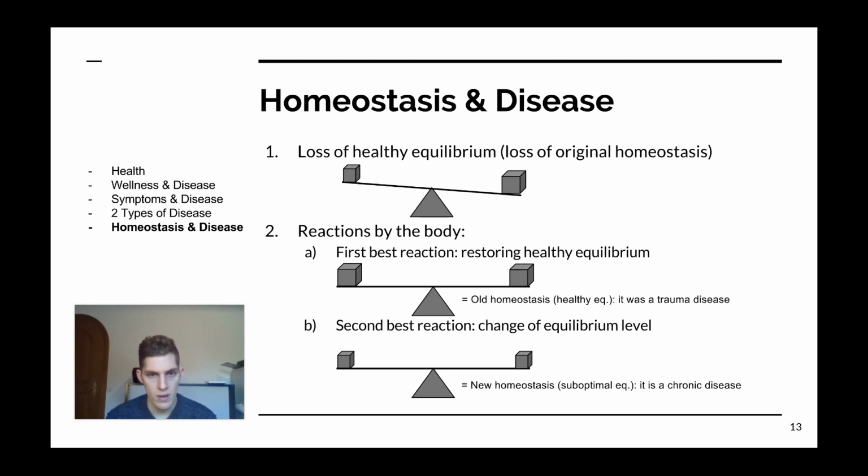You see the number 2, the reactions by the body. Now, if we look at the inorganic equilibrium, we have two possibilities. We either add some weight on the left, half a kilogram, to restore the original equilibrium, or we remove half a kilogram on the right, and we get the new equilibrium, which is also an equilibrium. But 2A and 2B are obviously two different equilibria.